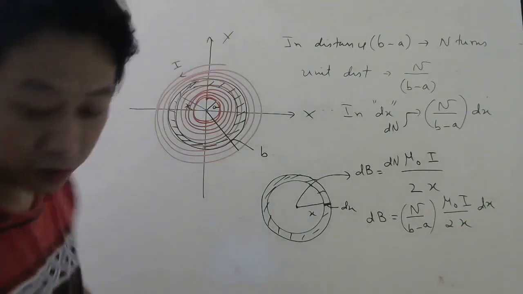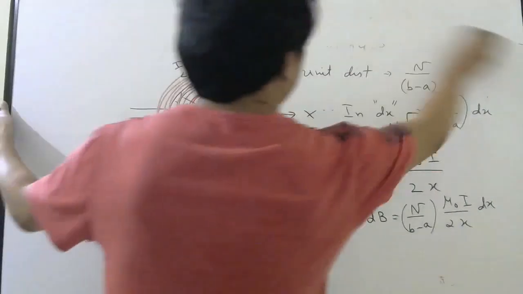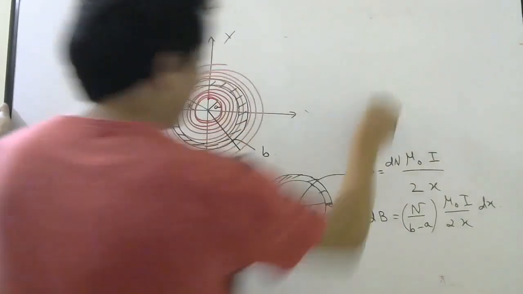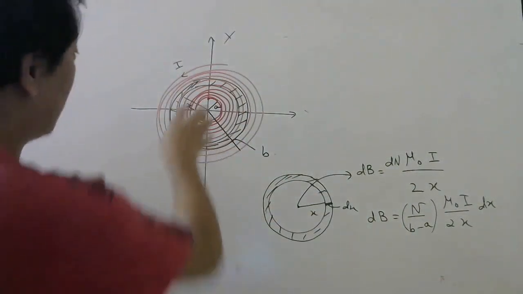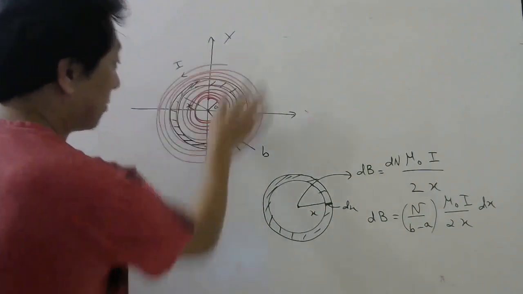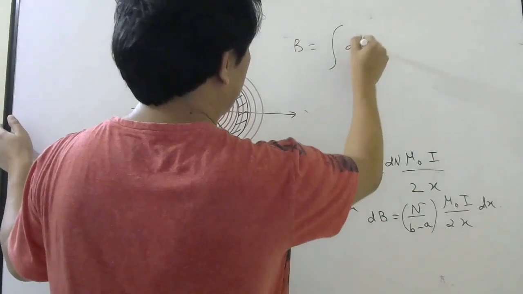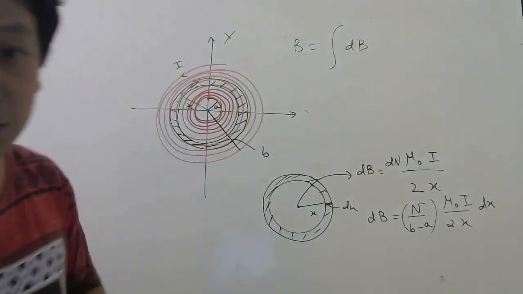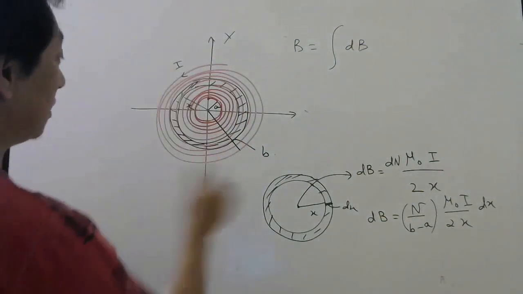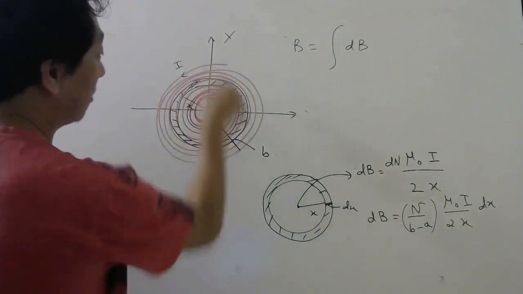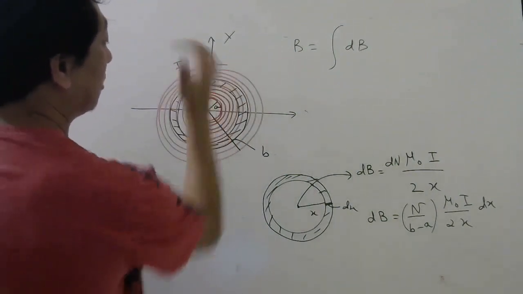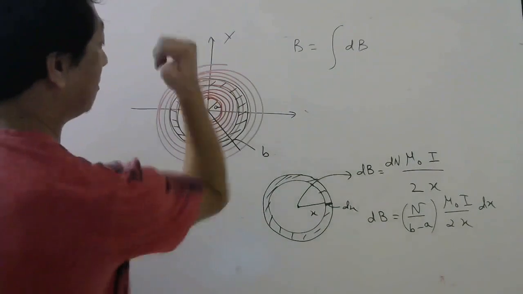Correct? So total magnetic field will be what? This is the magnetic field due to one small section of this spiral. So total magnetic field will be the integration of this magnetic field. And why can I do direct integration? Because each ring carries current this way only, no? So everywhere the magnetic field at the center will be like this.